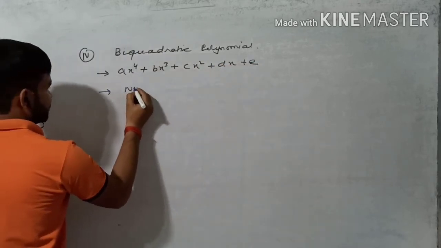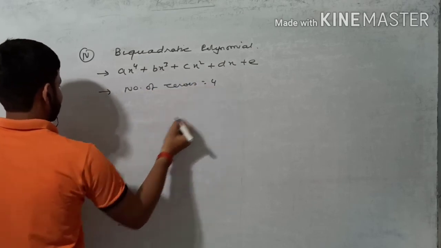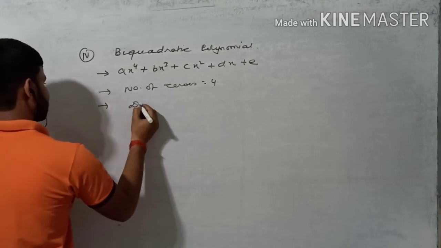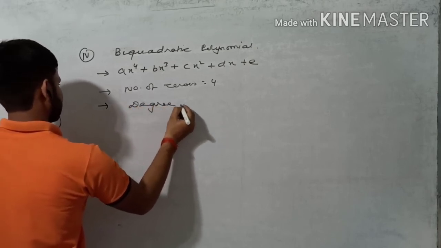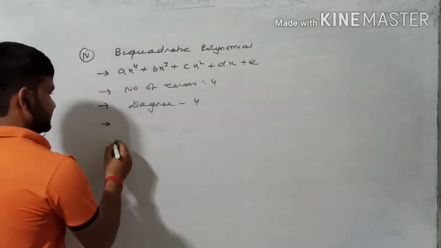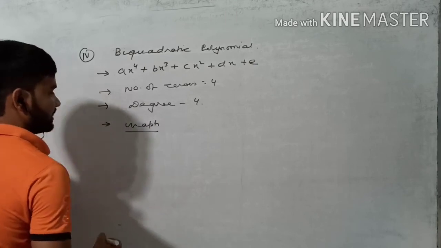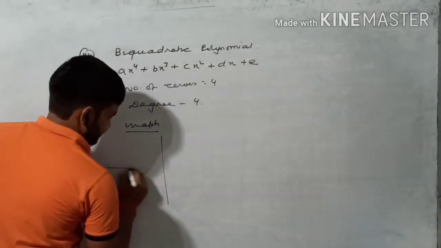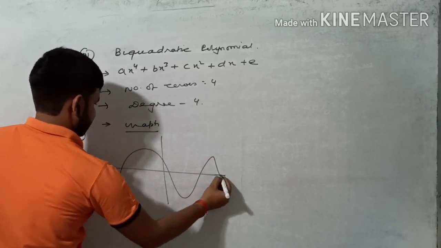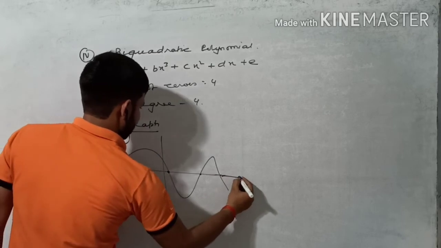Number of zeros equals 4. Degree is also 4. And last, the graph intersects the x-axis at 4 points.